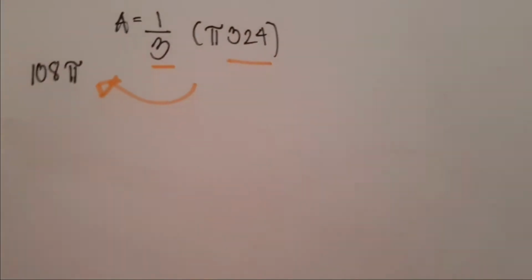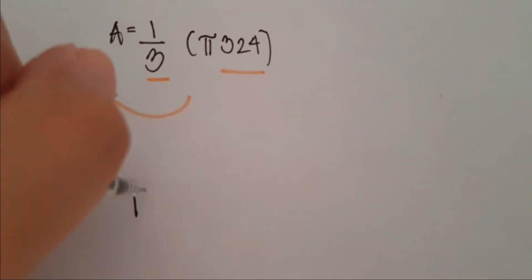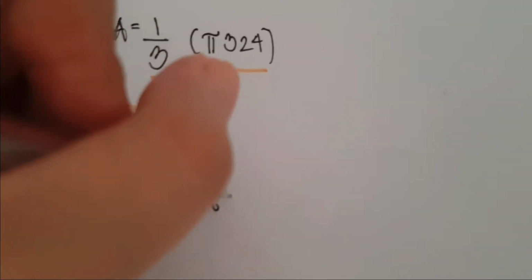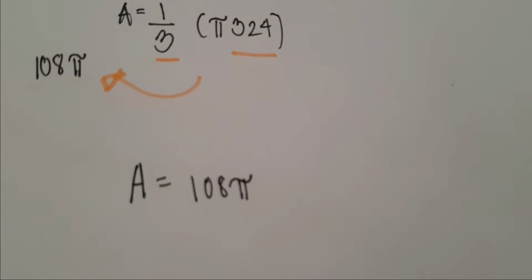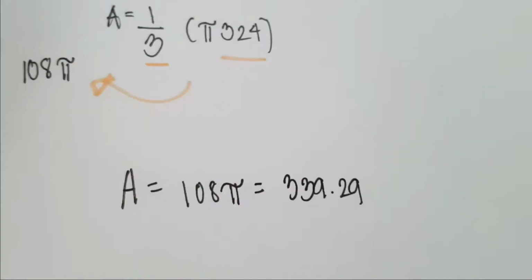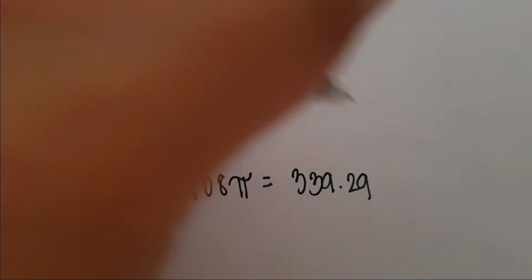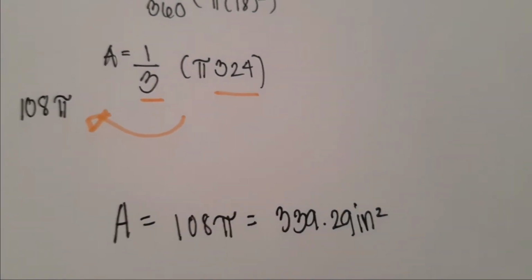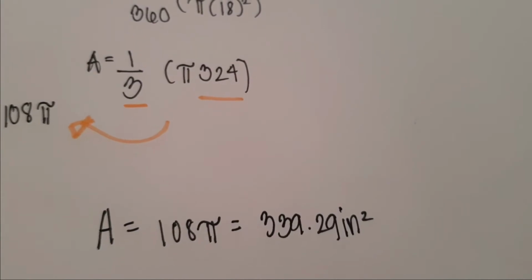So 108 times pi, where pi is 3.14, is equal to 339.29 inches squared, because it is a sector area. So we have the answer.